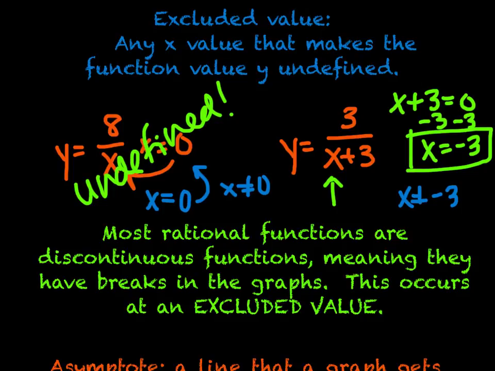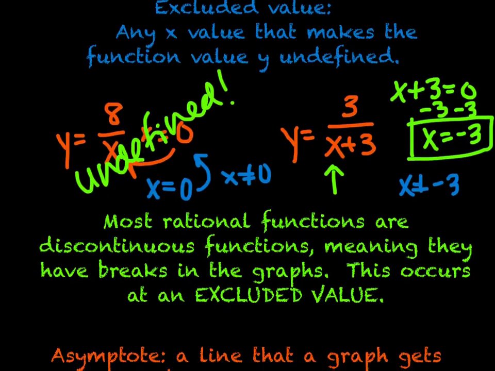Most rational functions are discontinuous functions, and that means that they have breaks in the graphs. This occurs at those excluded values, so that's why we need to know what our excluded value is, because that is quite literally where our graph starts and stops again. And at that point is where we can see some really interesting things happen.